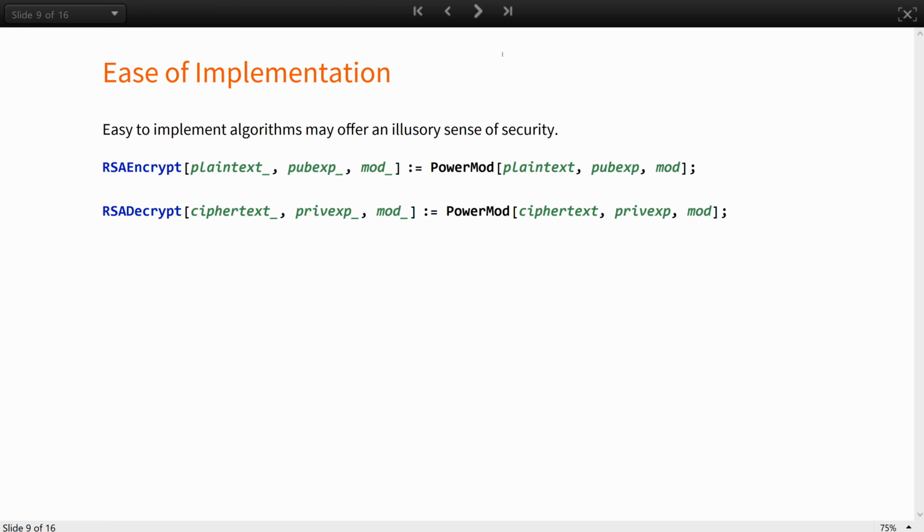Algorithms that are seemingly easy to implement are often deceptive, as developers who choose to use their own implementation instead of public battle-tested libraries in reality have their systems under an illusory sense of security, unaware of bugs and pitfalls. You saw an example of this in Lesson 19, Security of RSA, where a naive implementation of RSA was explained step by step.